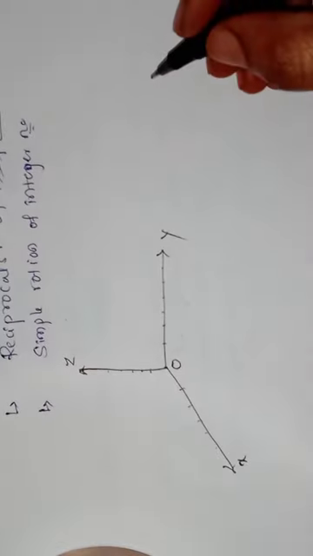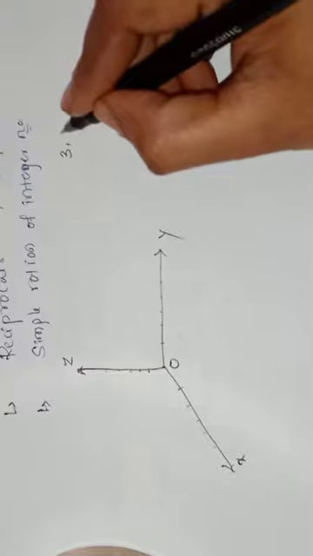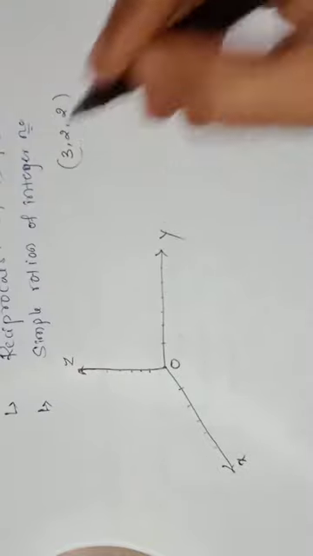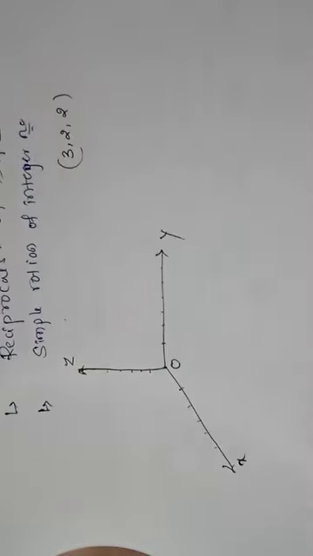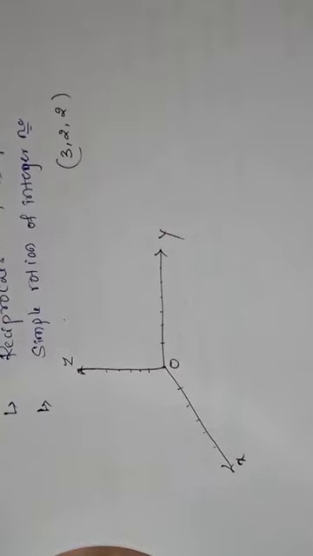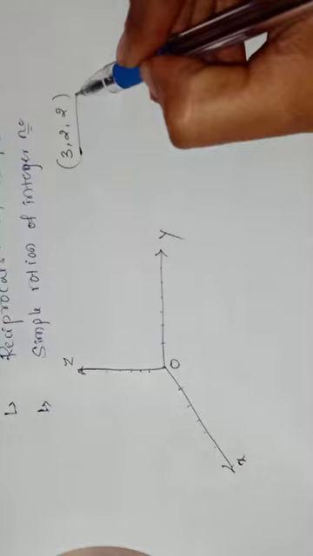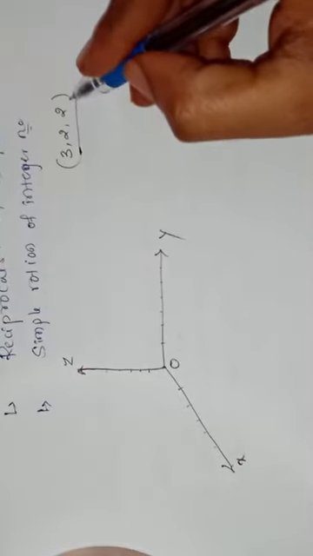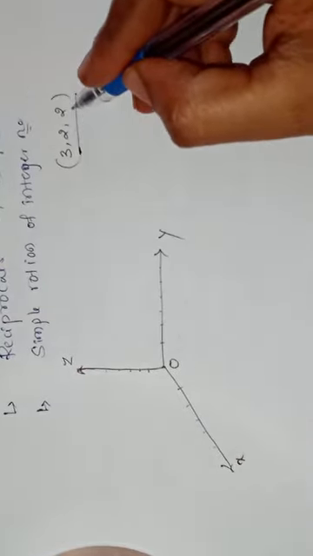If we have to calculate the Miller indices where the intercepts on the 3 crystal axes, the intercepting planes they had given, are 3, 2, 2.